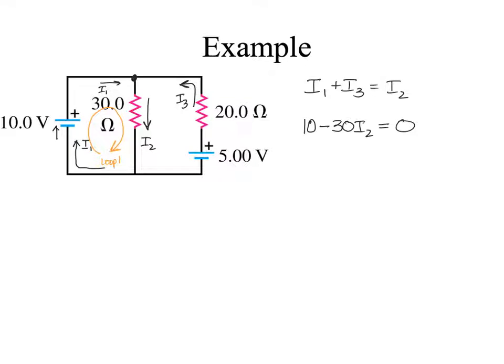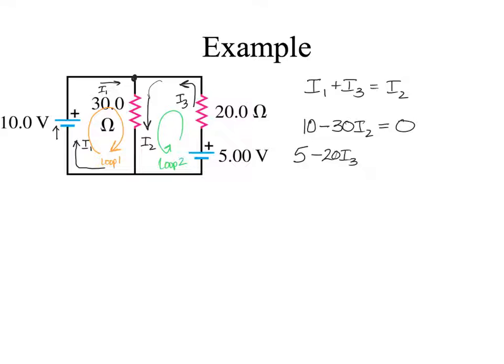Now for my second loop, I'm going to go around like this, and that'll be loop 2. And again, I just chose the direction, so I started at the battery and I went from negative to positive, so that's a potential gain. I'm going to go through the 20 ohm resistor with the current, so that's a minus 20 I3.